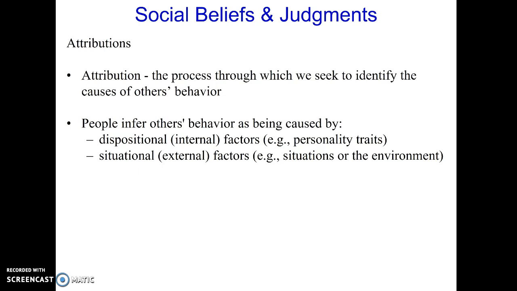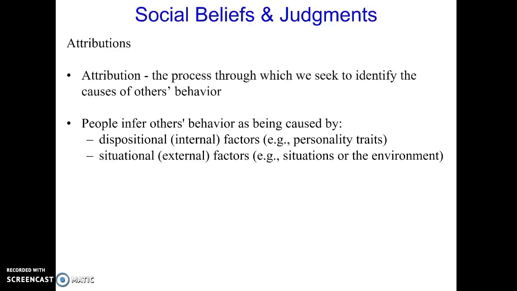It's not their fault. It's not them. They're fine. It's the situation, and that situation is that outside it's snowing and they had to walk real slow. So we can make hundreds of different kinds of attributions, but we tend to lump them into these two categories. Internal, it's the person, or external, it's something outside of the person.